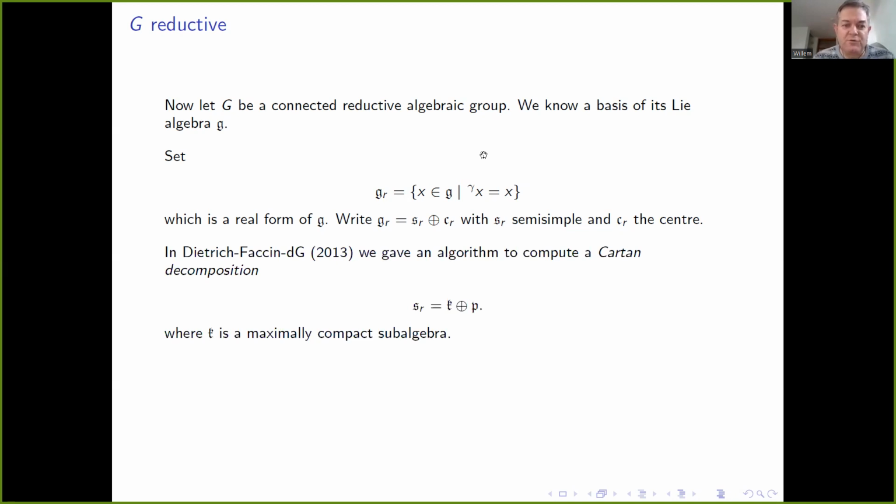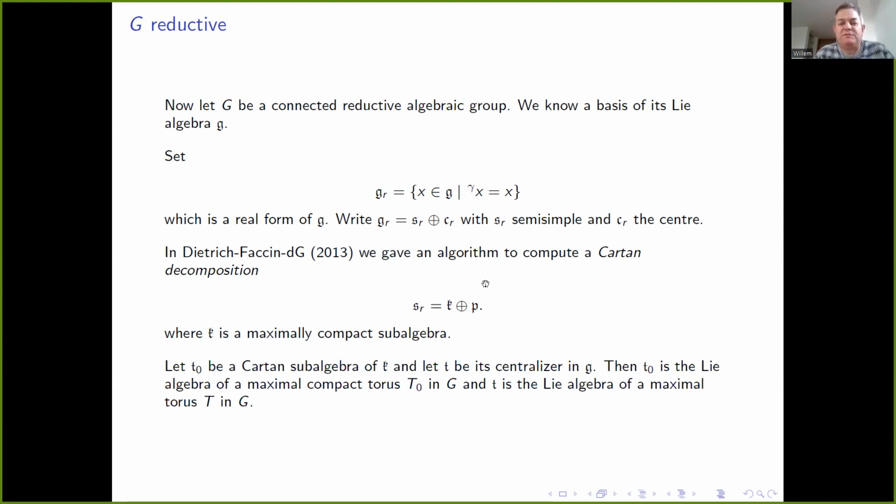And some years ago, with Heiko Dietrich and Paolo Faccin, we devised an algorithm to compute a so-called Cartan decomposition of this real Lie algebra, real semi-simple Lie algebra, which is s_R equals k plus p, where k is a maximal compact subalgebra. Okay, so we can do that.